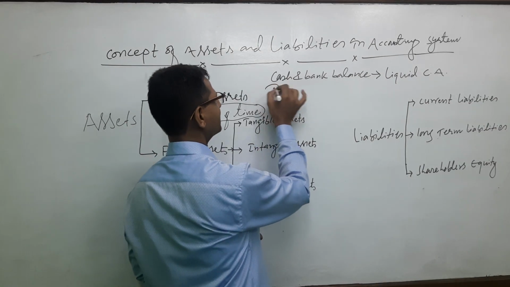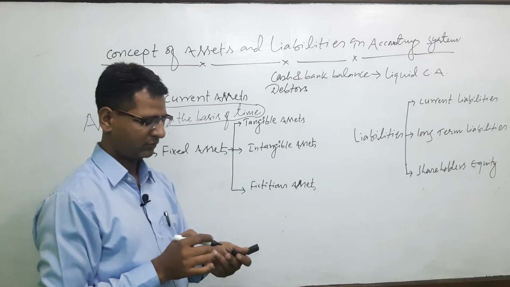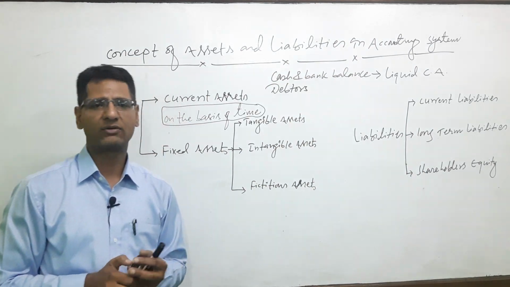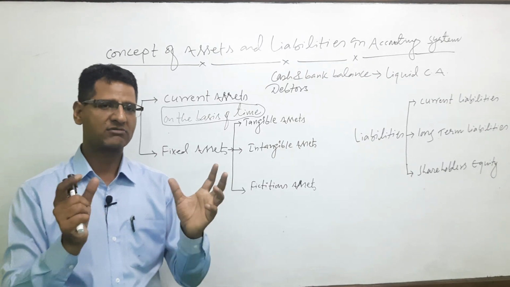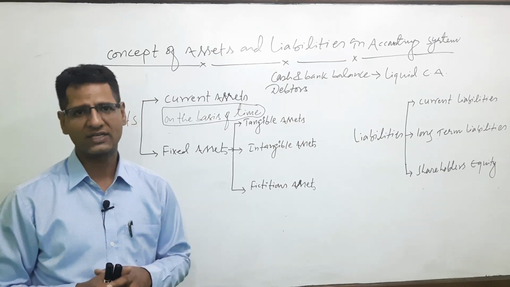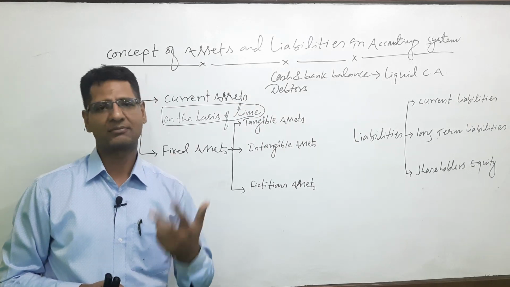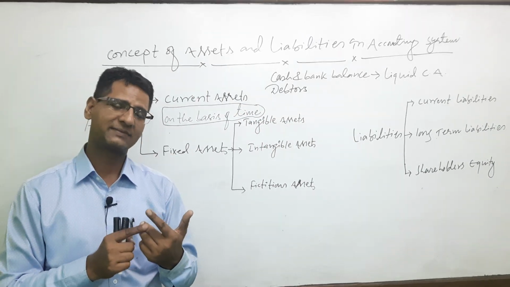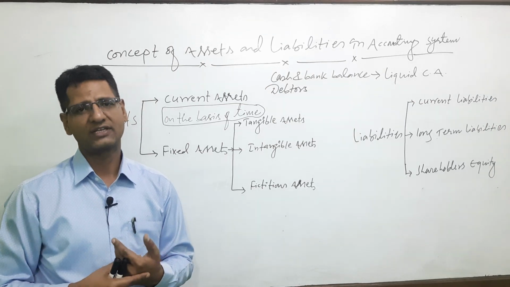And then debtors. Already we discussed terminologies and different types of financial transactions. Basically, there are three types of transactions: cash, non-cash, and credit transactions.